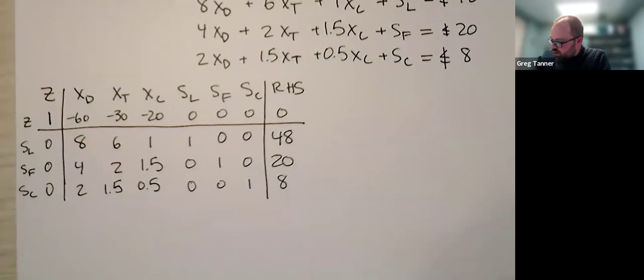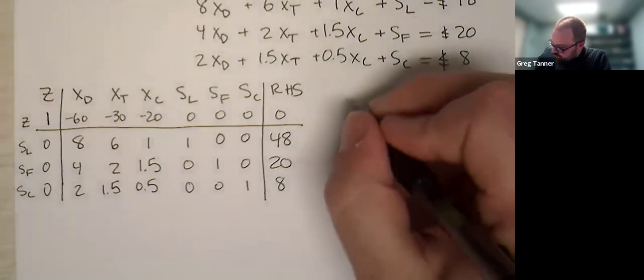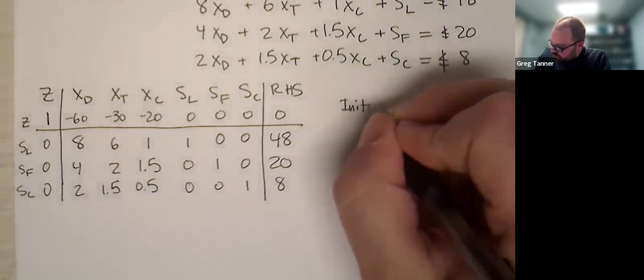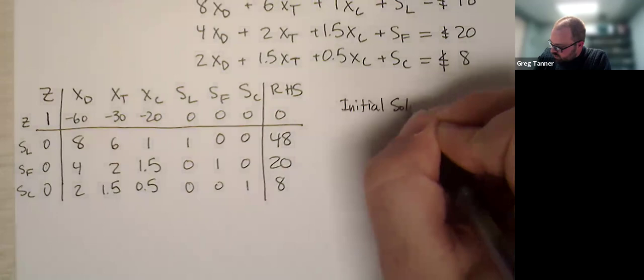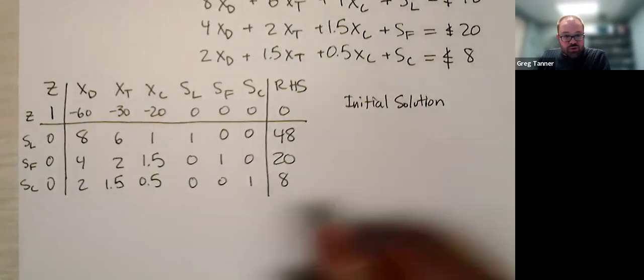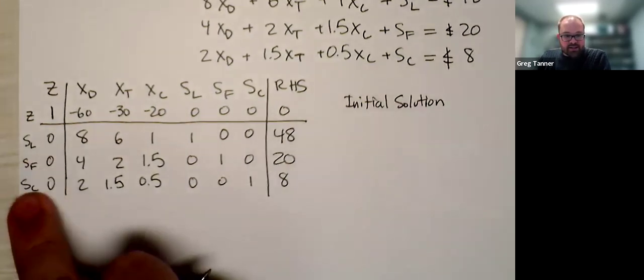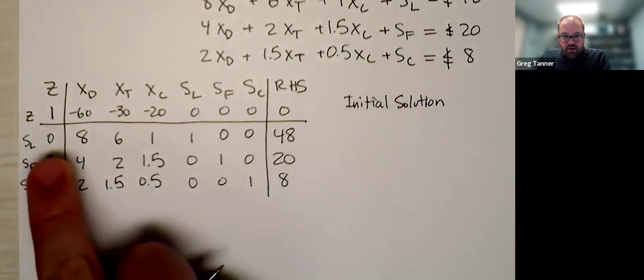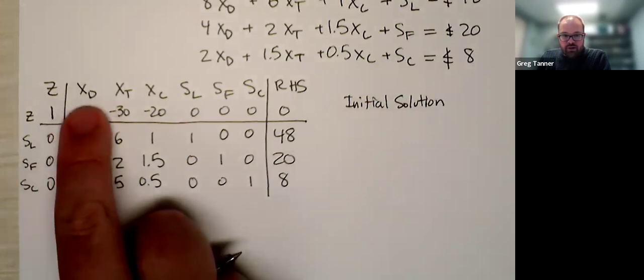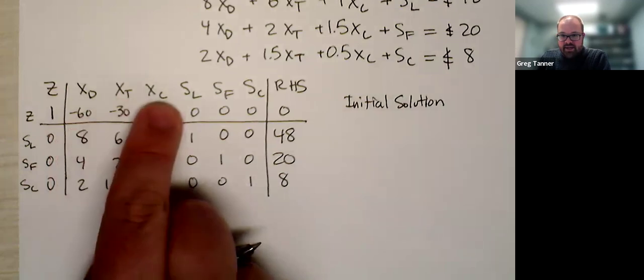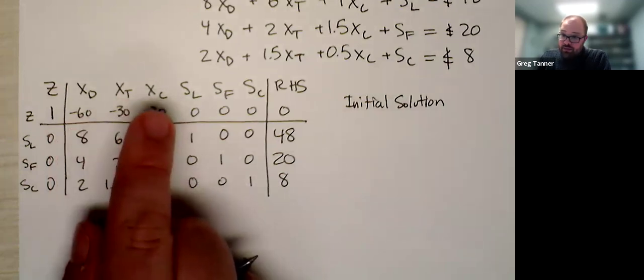And for our initial solution, we're going to choose our basis to be SL, SF, and SC, which means that we're going to set all of our original variables, XD, XT, and XC, to be 0. They're non-basic.